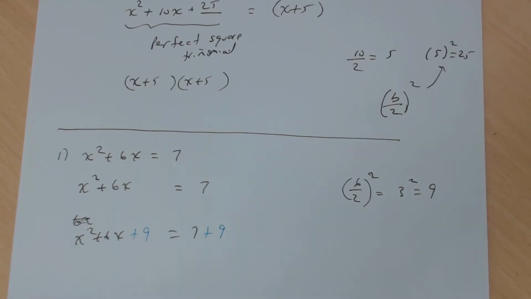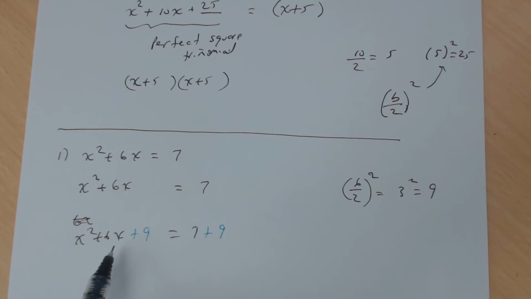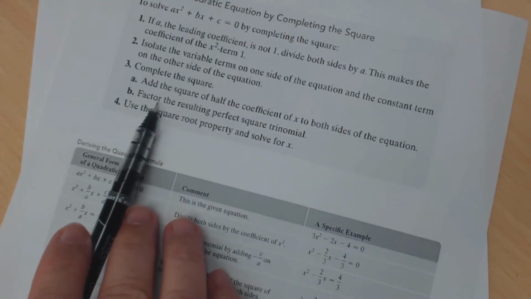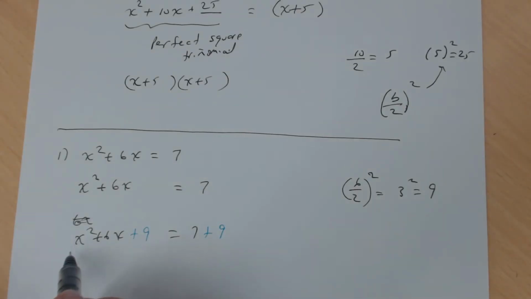Now the next part is to factor this trinomial. This should now be a perfect square trinomial. So the next step is to factor the resulting perfect square trinomial. If you do this correctly, you should factor it as x plus 3, squared.